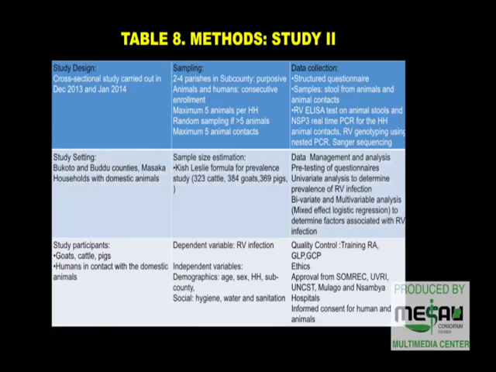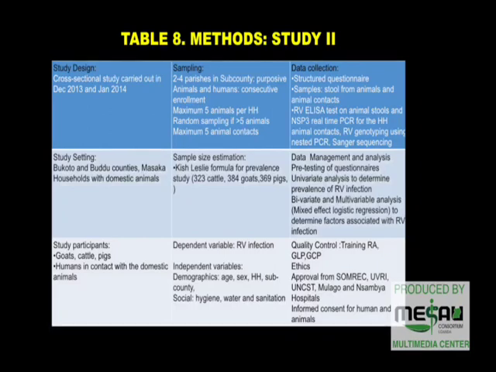We used a structured questionnaire, and we took 2 samples from the animals and animal contacts, and we tested for rotavirus on the animals using rotavirus ELISA test and NSP3 real-time PCR to test for rotavirus in the household contacts. We did RV genotyping using listed PCR, and then we did Sanger sequencing on one of the human samples because we had failed to get the genotype using the listed PCR, so we did Sanger sequencing to find out the genotype.